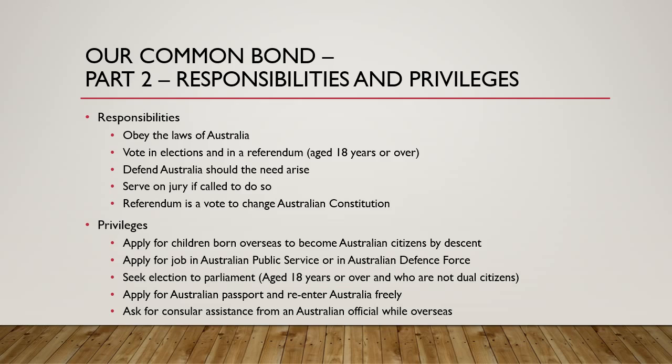Privileges include that as an Australian citizen you can apply for children born overseas to become Australian citizens by descent, apply for a job in the Australian public service or the Australian Defence Force, seek election to Parliament if you are 18 years or over and not a dual citizen, apply for an Australian passport and re-enter Australia freely, and ask for consular assistance from an Australian official while overseas.